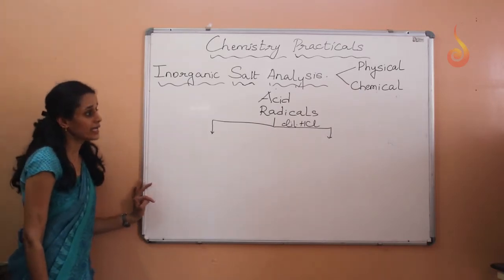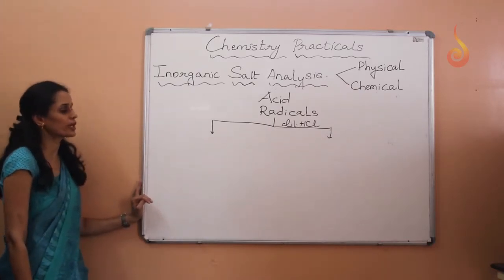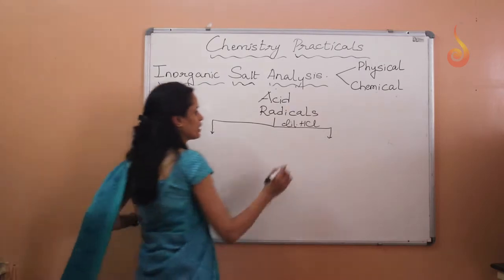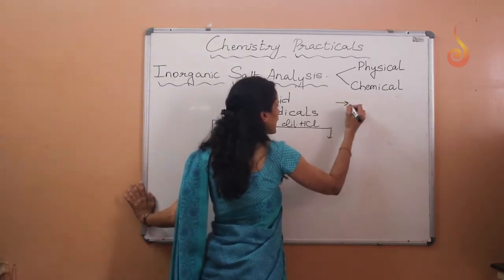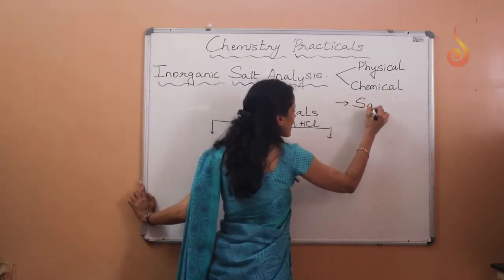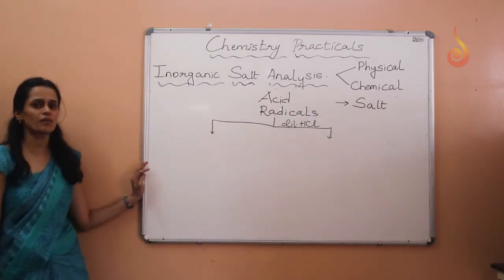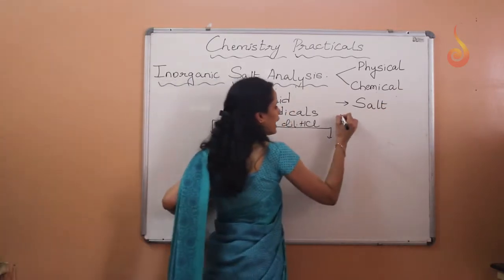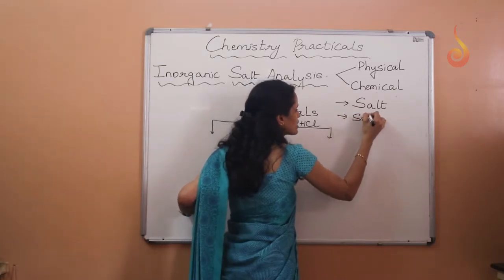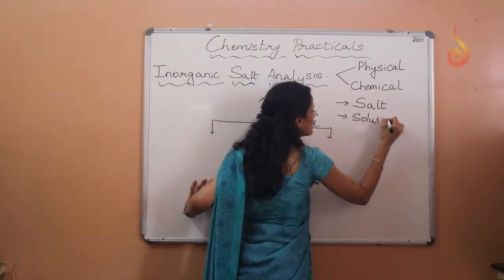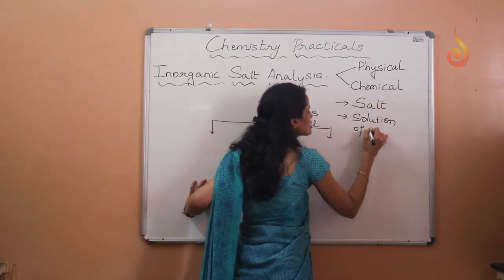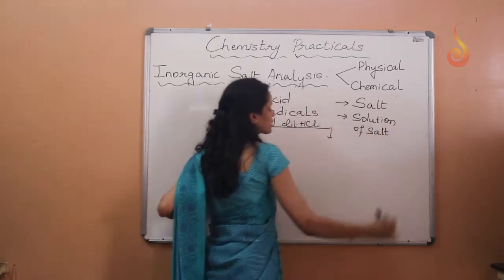One more important point I want to mention here: in the case of acid radicals, sometimes we use the salt directly and sometimes we use a solution of the salt.